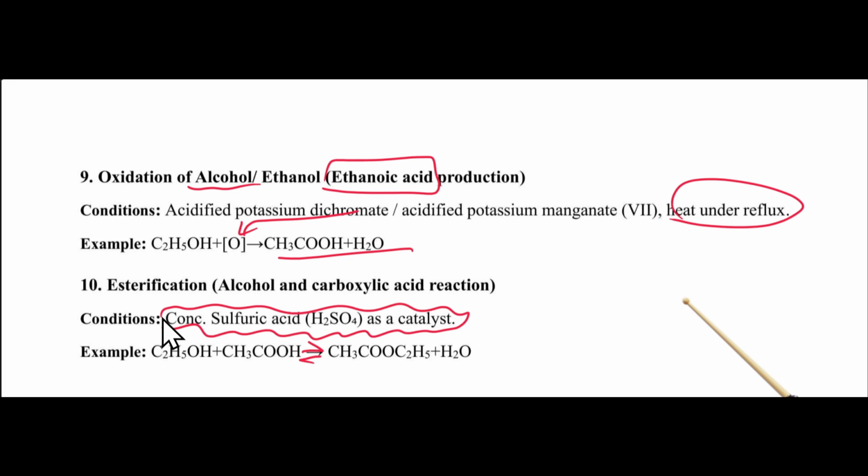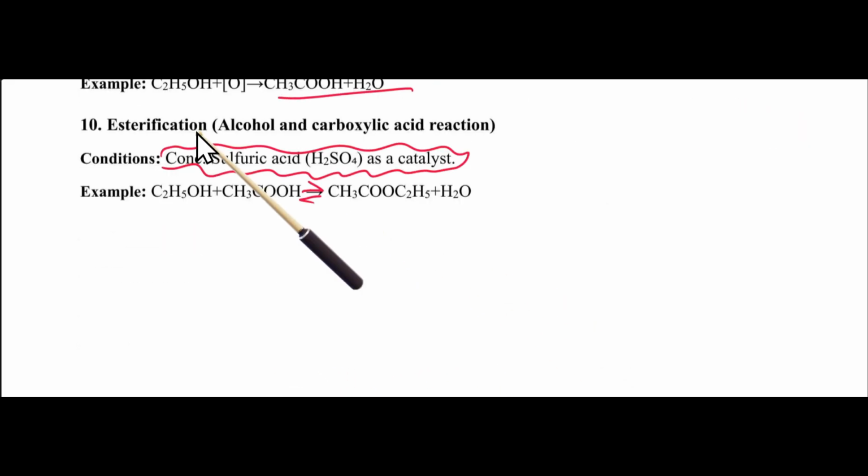So this concentrated sulfuric acid will help the reaction to go only in the forward direction. It will not allow it to move back again into the reactants. That's why we use concentrated sulfuric acid as a catalyst if you want the production of ester, because this is a reversible reaction.